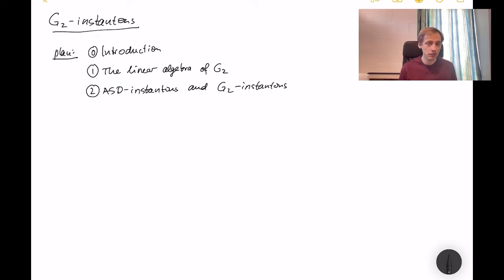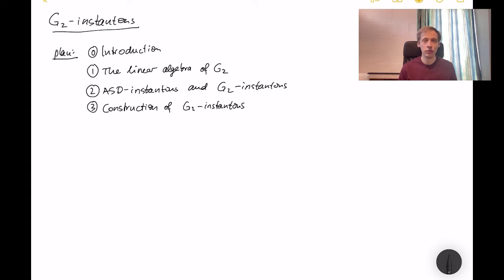And then the main part of the talk will be a construction of G2 instantons. That will be the construction from Walpuski and a generalization that I proved.